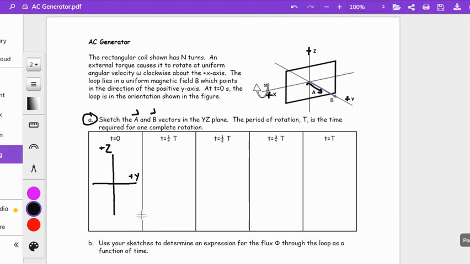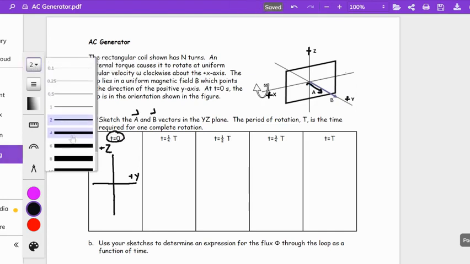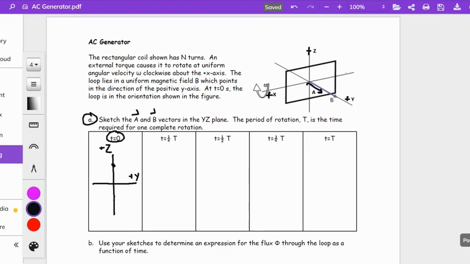The first thing we're going to do is sketch the orientation of the loop at t equal to 0. I'm going to make this a little bit wider here. If you look at the loop from the side, it's like that, right? You're just seeing the edge of it. Let's then sketch the area vector for that loop.